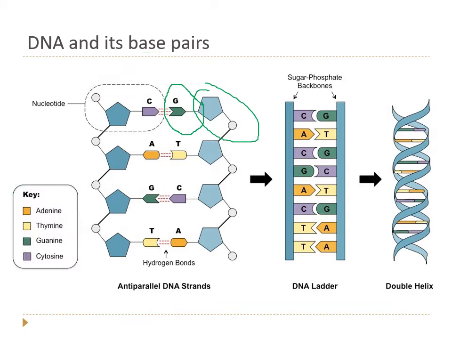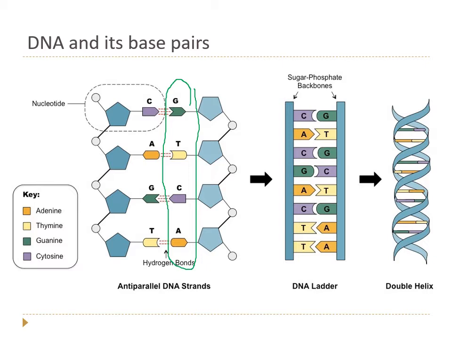Why does this matter? Well, because these 4 different nucleotides, depending on what type of base you have, adenine, thymine, guanine, or cytosine, are really important because these letters and the sequence of these letters ends up forming a code.